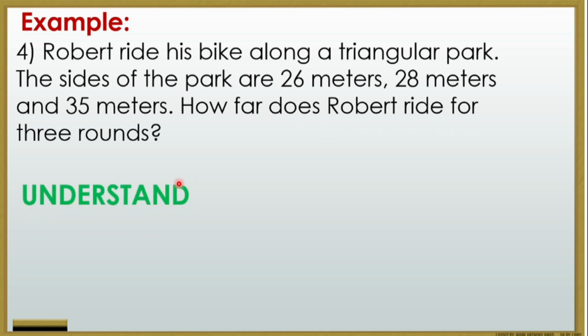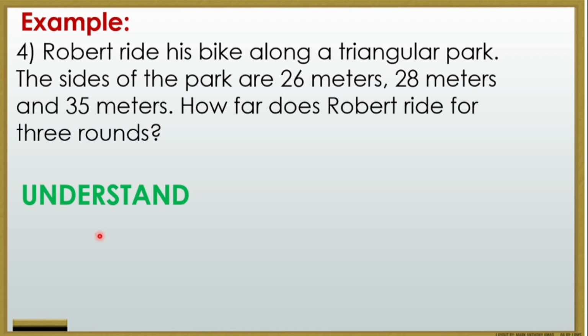So this problem is a non-routine word problem because there are some tricky questions like for this one. How far does Robert ride for 3 rounds? So take note of 3 rounds.